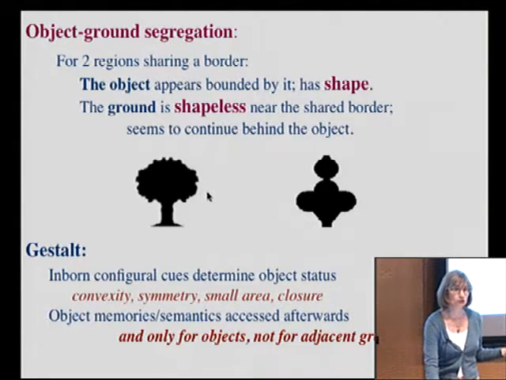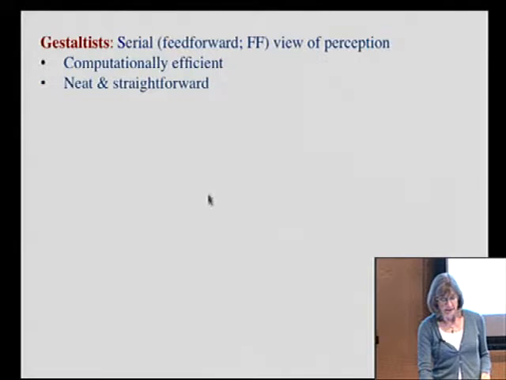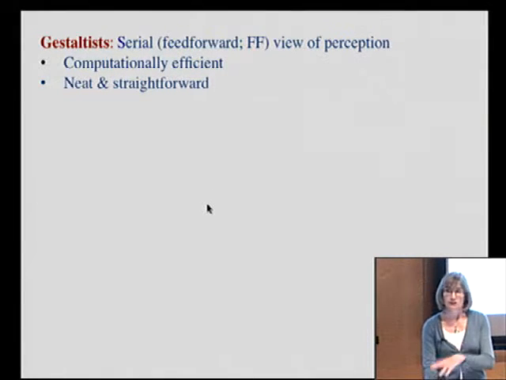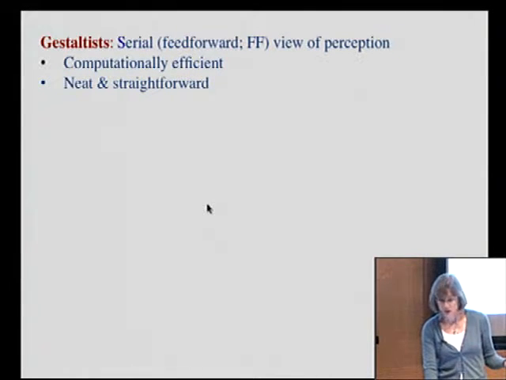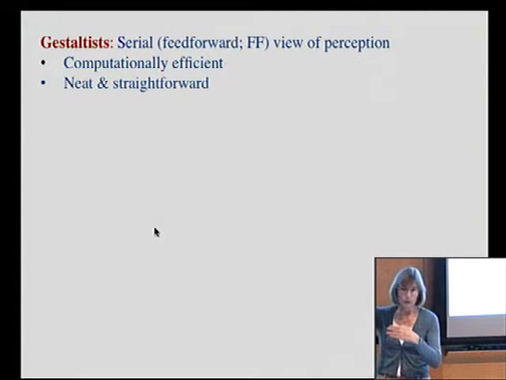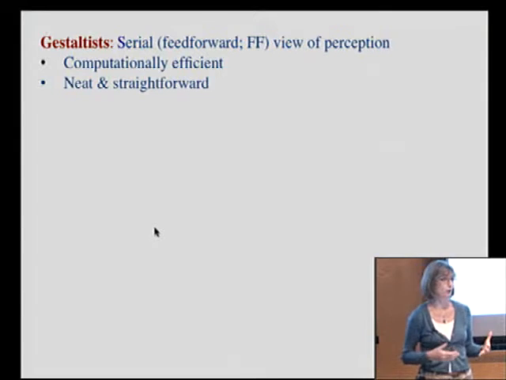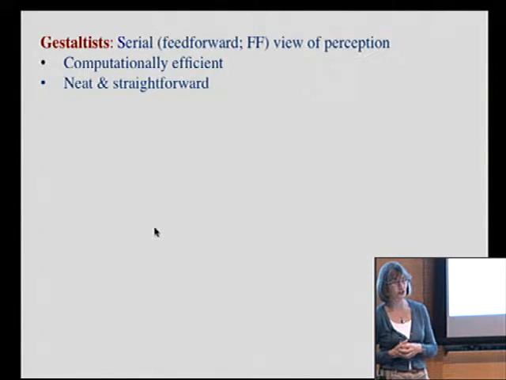So this seems a logical way to go about doing visual perception. It's computationally efficient. Why bother attempting to recognize shapes or objects that might be there that ultimately the visual system determines aren't there? It's neat and straightforward. It's a serial feed-forward kind of way of thinking about how vision operates. And this is how most people like to think about vision.